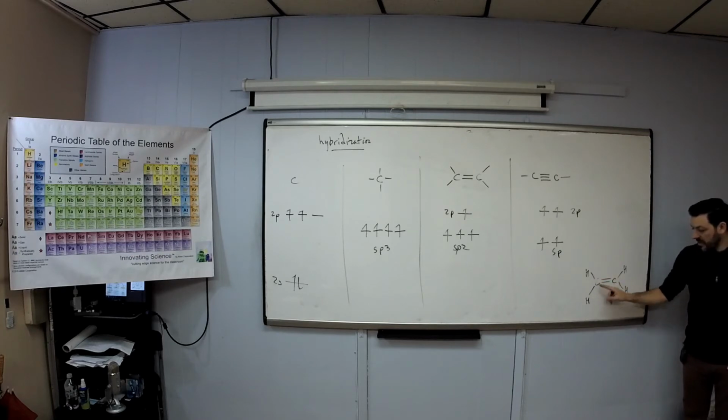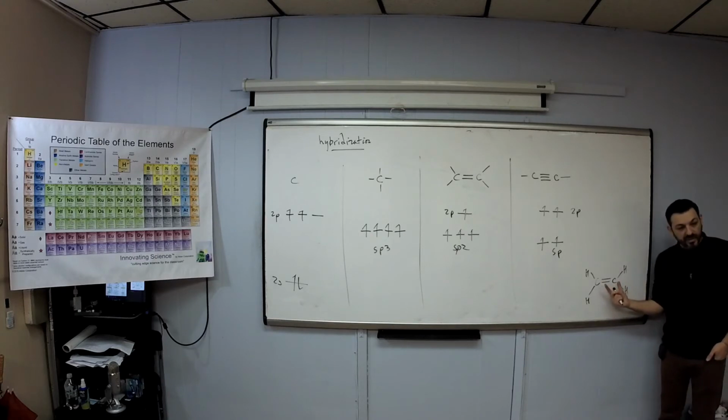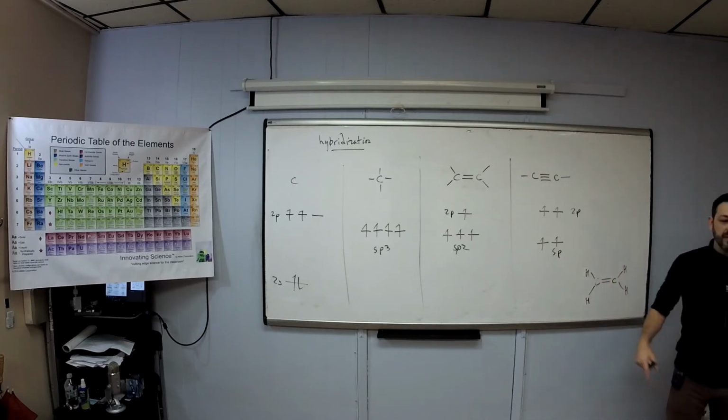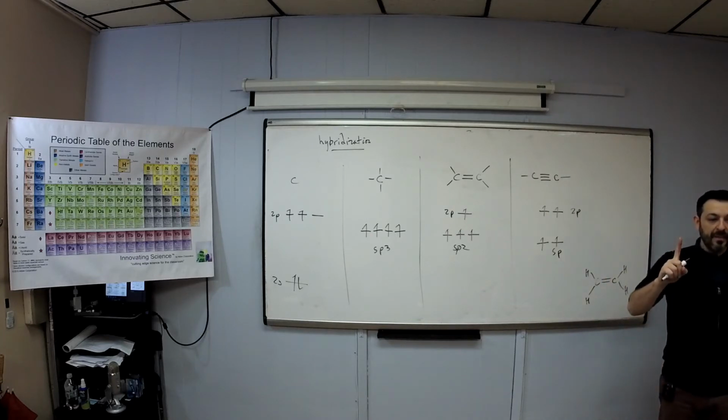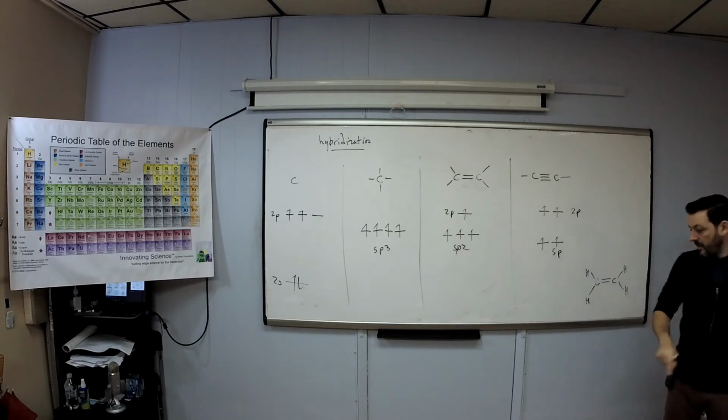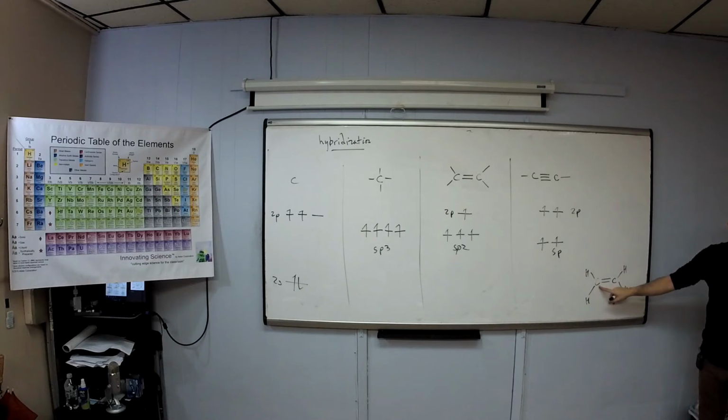This is a sigma bond, this is a sigma bond, this is a sigma bond, this is a sigma bond. What do you have in between here? You've got a sigma bond and you have a pi bond. We're all there, right? How do you make a pi bond? To make a pi bond, you need a p orbital and a p orbital to overlap like this, right? What's the hybridization of this carbon?